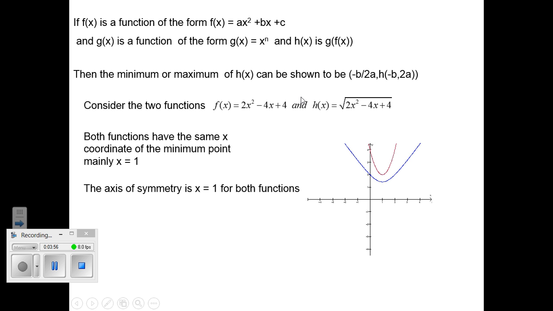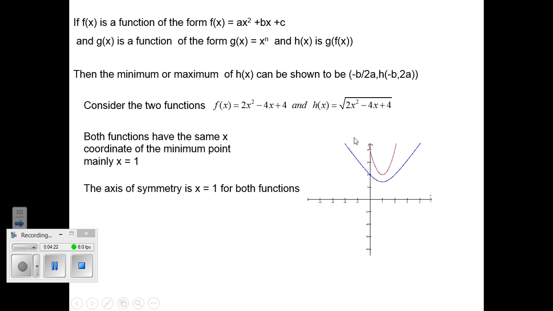The red graph is the quadratic. The blue graph is the root of the quadratic. You can see that they're both symmetrical on this axis of symmetry, negative b over 2a, or x equals 1 in this case. We can take advantage of that and use it to find the low point.